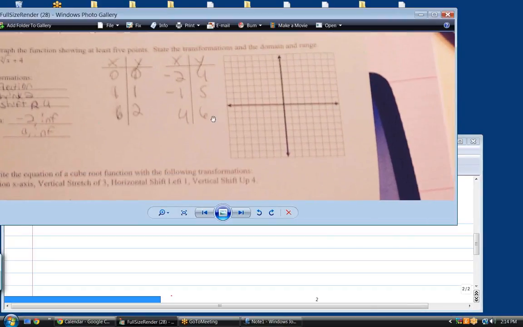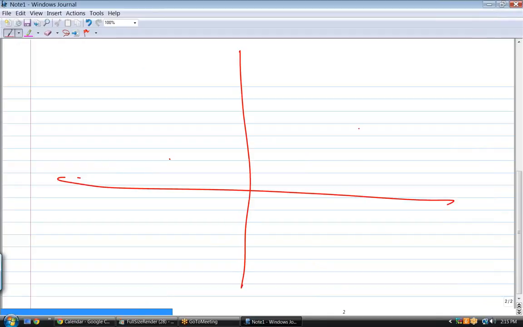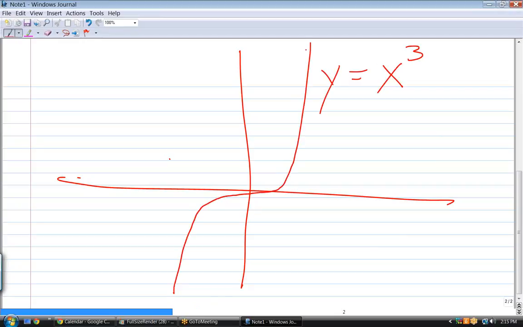All right, let's graph the elementary function first of all. The function I'm most familiar with, this is what I would call the elementary function. Only they've taken the inverse of it.